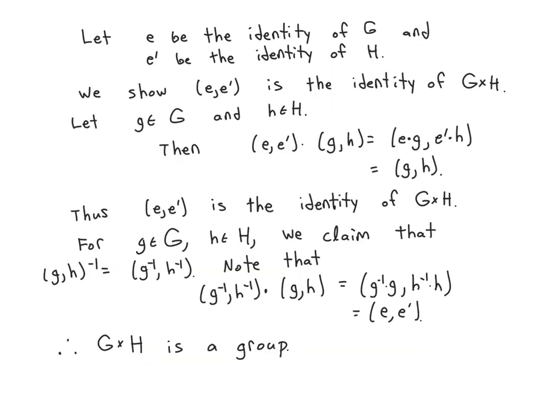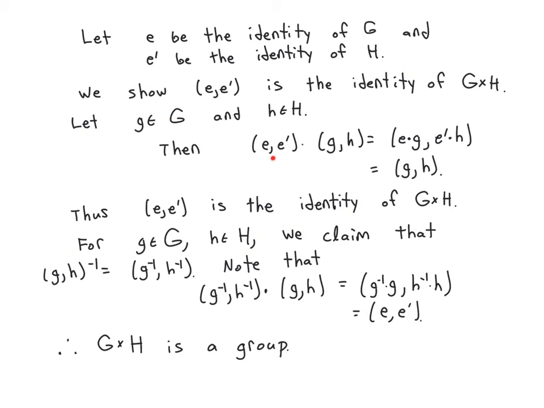Now we need to find the identity element in the direct product. So it's going to be an ordered pair. It turns out the right ordered pair is going to be the ordered pair whose coordinates are the identity elements in the corresponding groups. So let e be the identity in G, e prime be the identity of H. We claim that this is the identity of G times H. So let g be an element in the first group and h be an element in the second group.